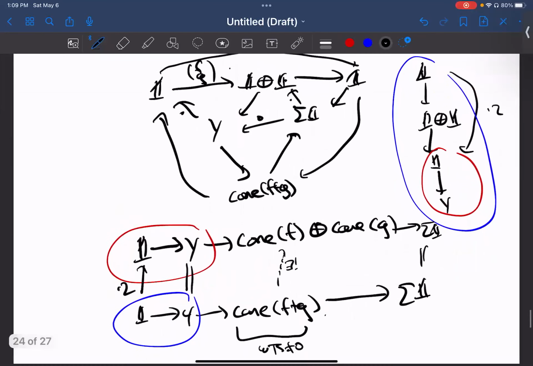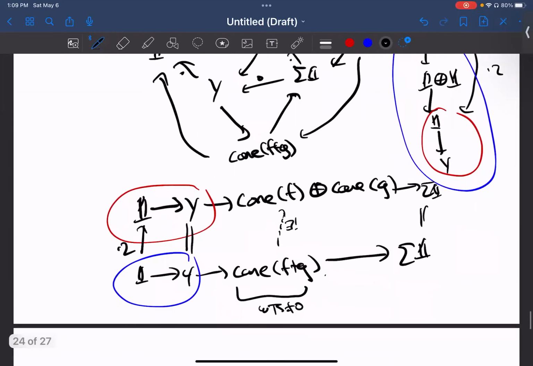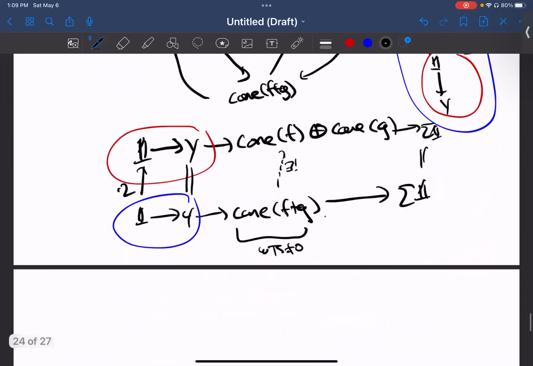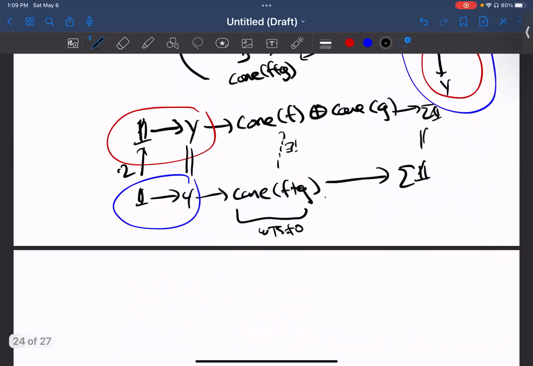And in particular, we should be having to use some sort of a tensor here.